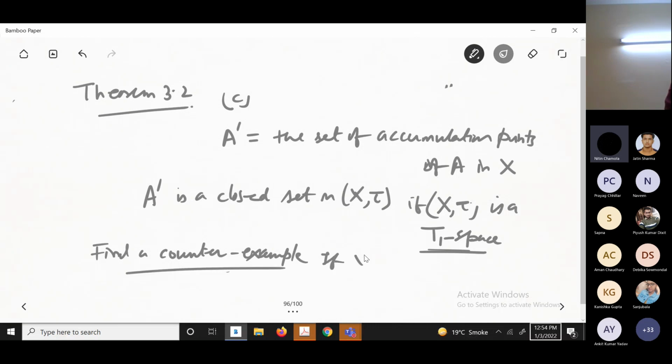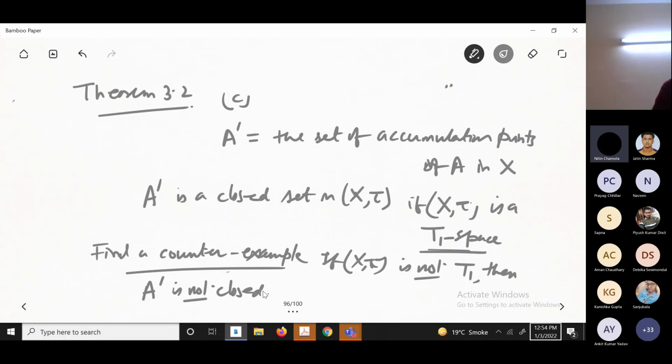If X tau is not T1, then A prime is not closed. So I say that we need X to be T1.